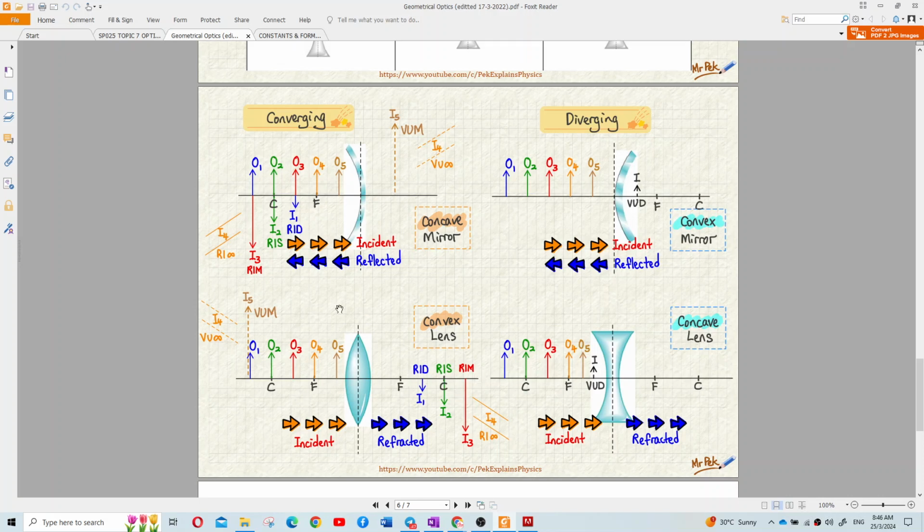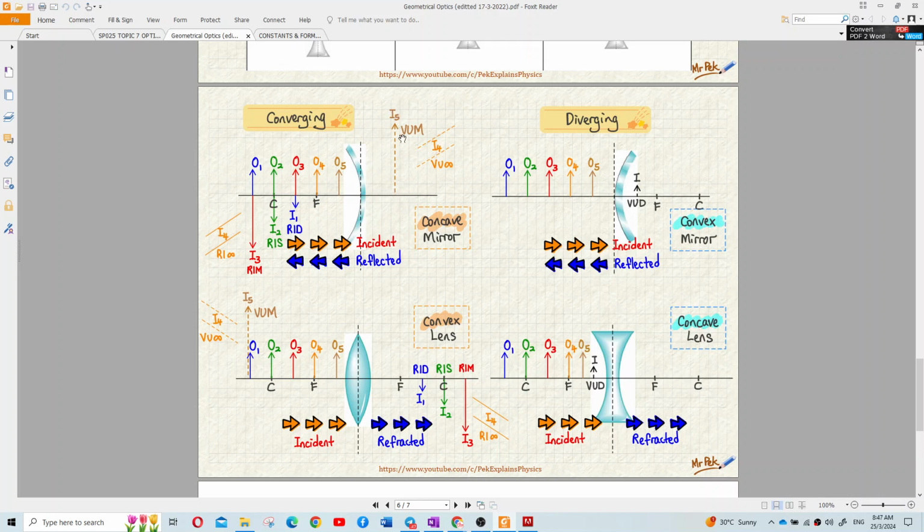Real image. This one, real image. And also for virtual image, it's also terbalik. You see that between mirror and lens? For virtual image, because at the back of the mirror, no light, so it form virtual image. No light here, no light. It form virtual image here.